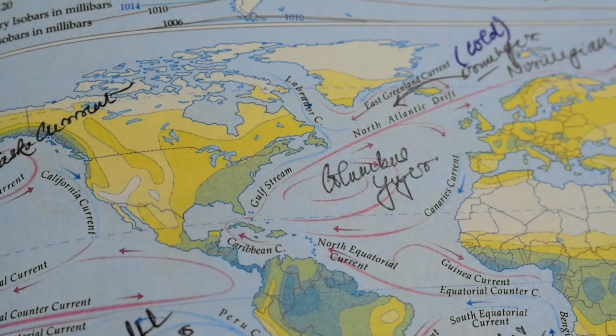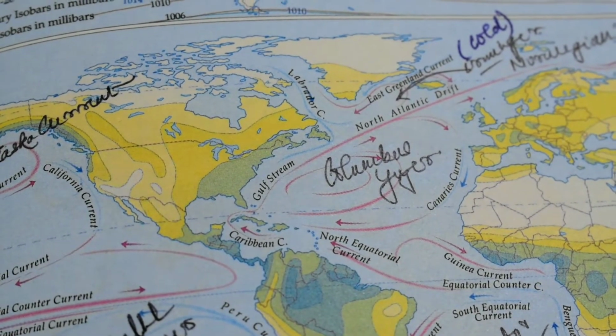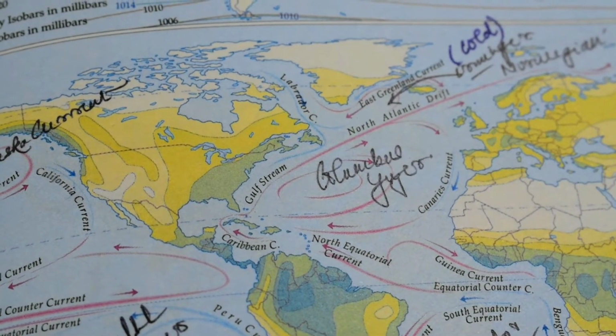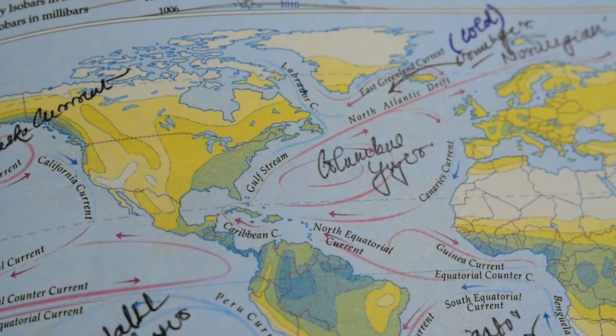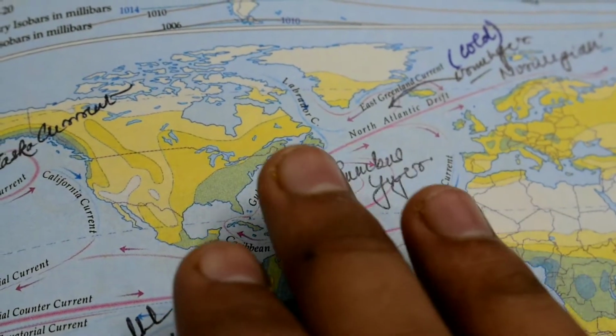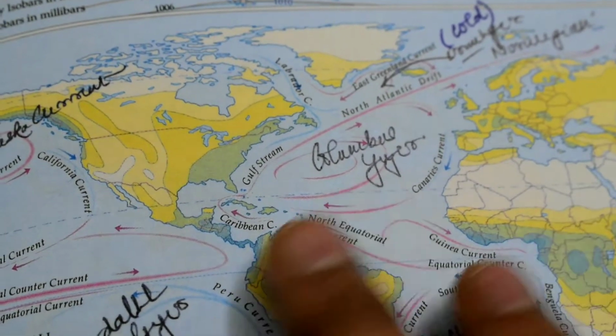This is a very, very foggy area, and this fog is created due to the meeting of the hot current and the cold current. Not only fog is created, some other important thing also happens over here.